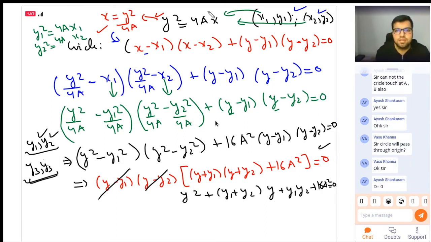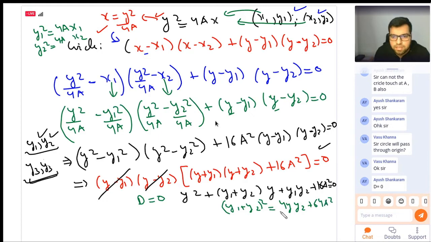So what do you get when you do D equals 0? This becomes (y1 plus y2) whole square is equal to 4(y1 y2 plus 16a square), that is 4y1 y2 plus 64a square. Now when you take 4y1 y2 to the LHS, this will become (y1 minus y2) whole square, and this will become 64a square.